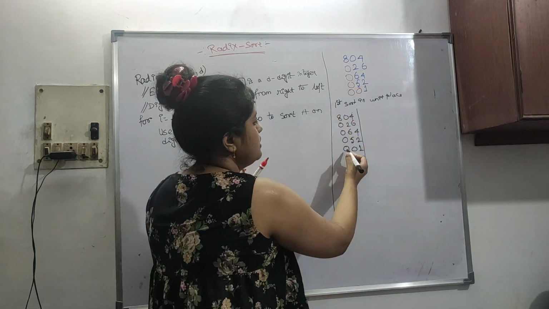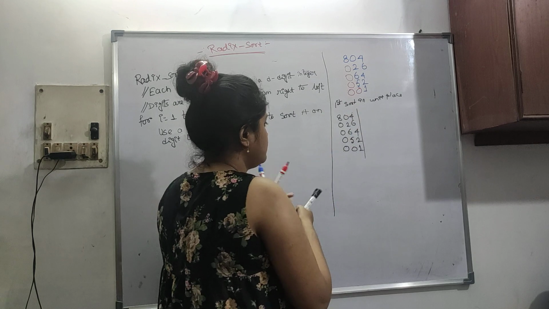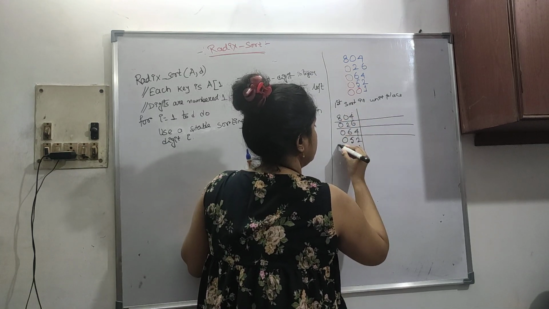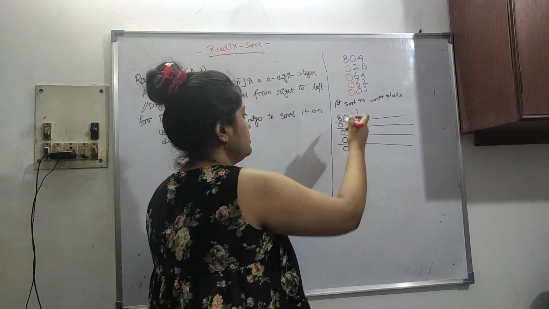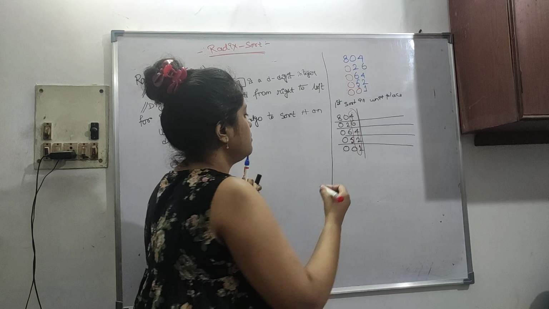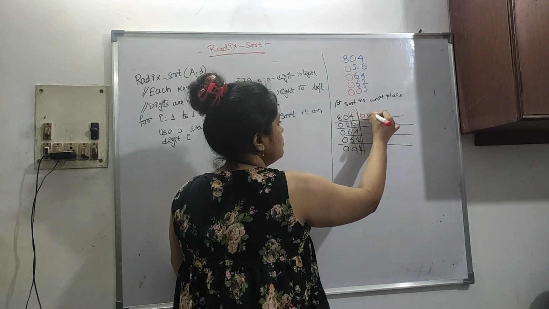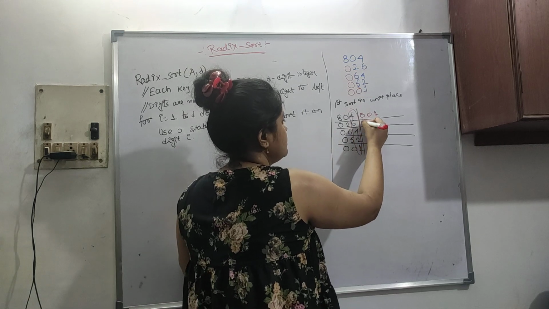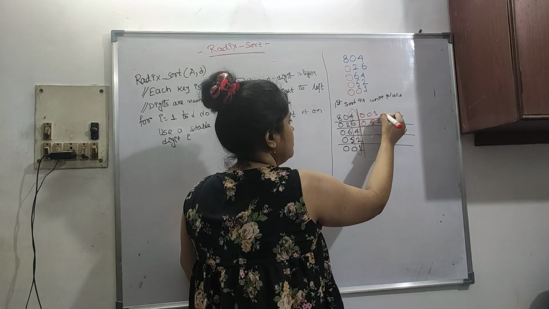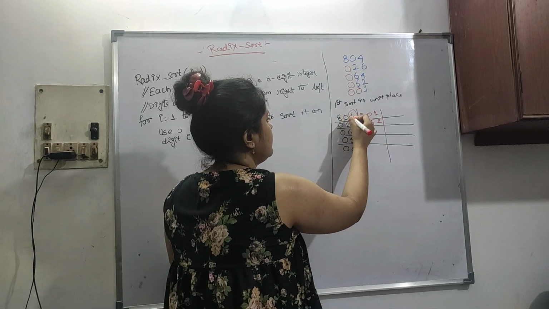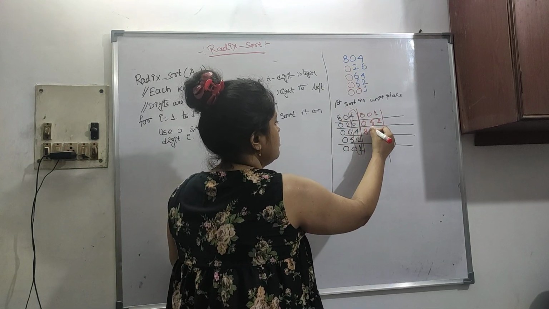So the first sorting, we have to sort this column. Now 0 0 1. Then 0 5 2. Now 3 is not there. 4 can be taken as 8 0 4.